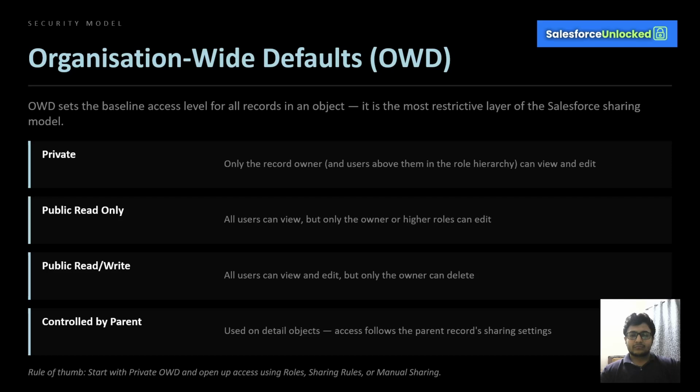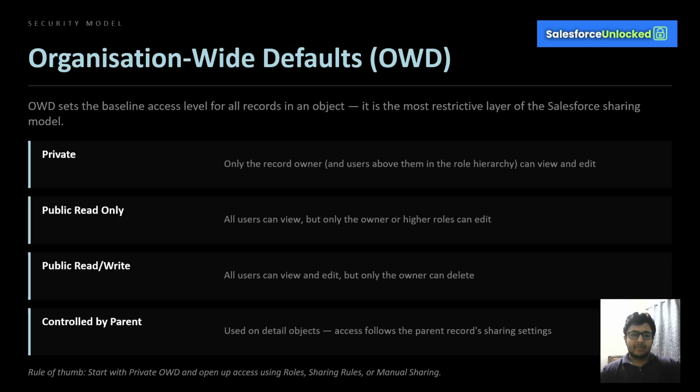Then my colleague cannot see the record. So if I create this record, it will not be available to other users unless I share with them, or if they are above me in the role hierarchy. So this is pretty much about the private setting.